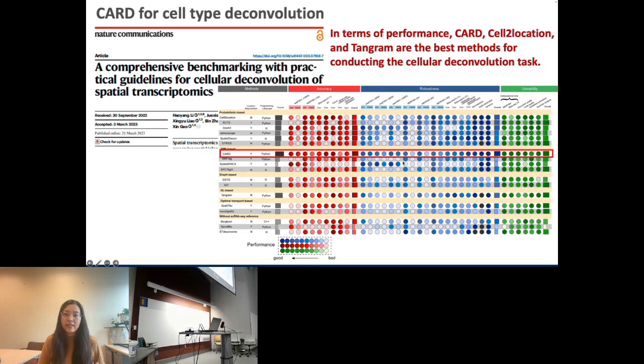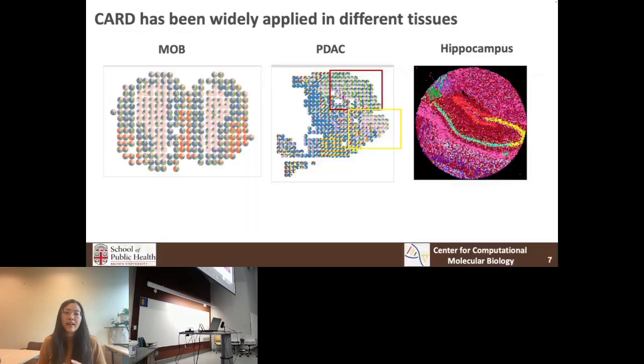So we are glad that CART has been widely used for addressing this kind of challenge where the cell type composition is unknown. CART has been applied in different tissues. For example, we applied it on the mouse olfactory bulb tissue to estimate the cell type composition, which reflects the layered structure of this tissue.